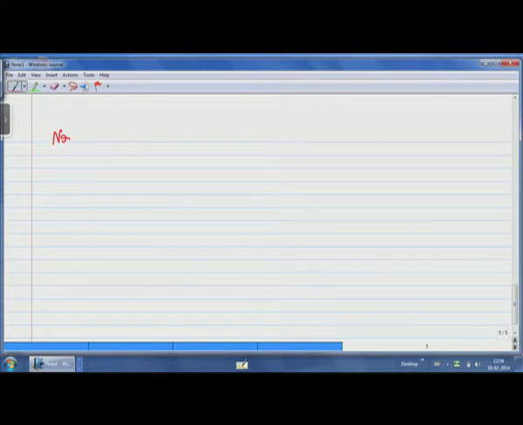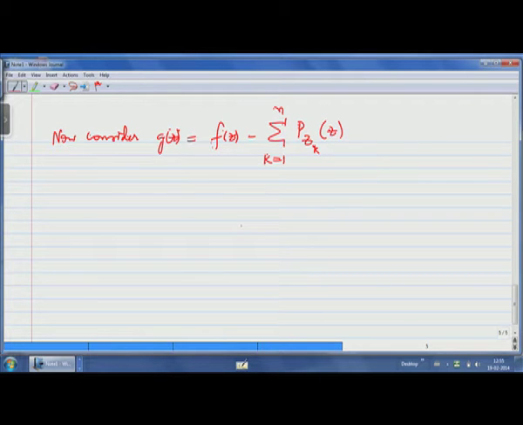Now consider g(z) = f(z) minus the sum from k equals 1 to n of p_zk(z). So these are the principal parts at those n poles, and then also take away p_infinity(z), okay.